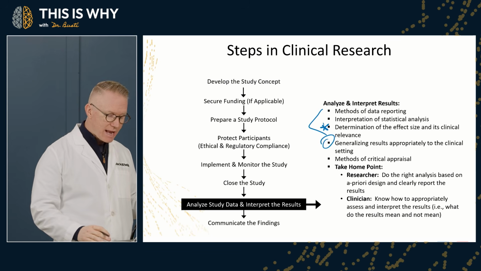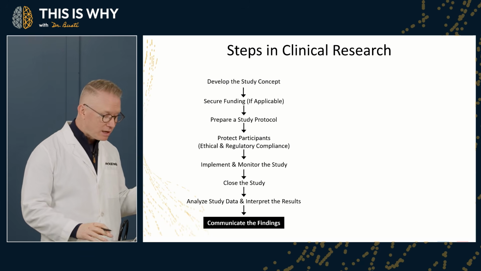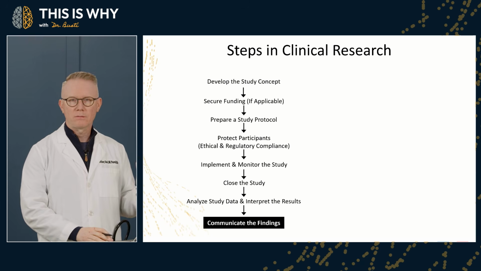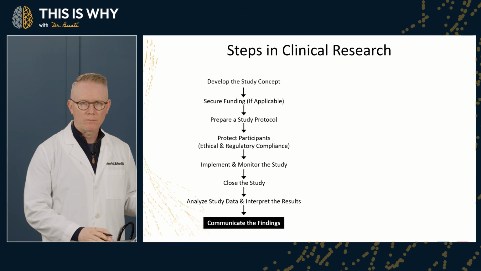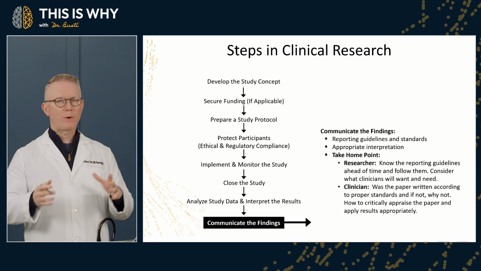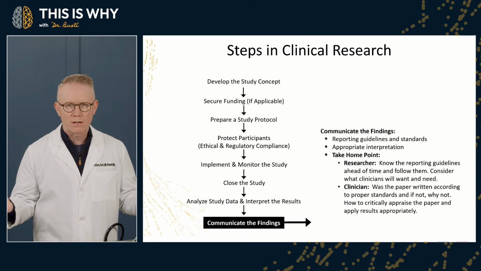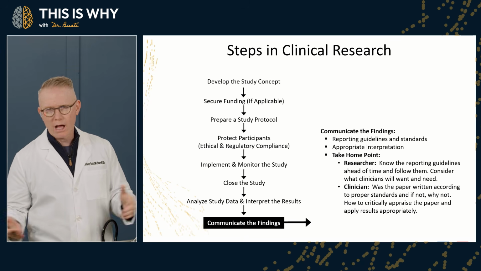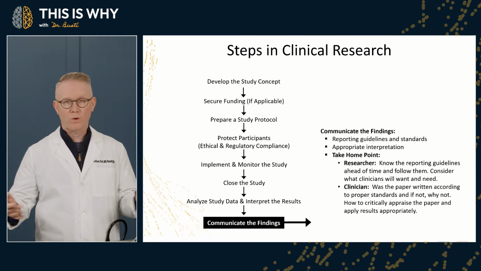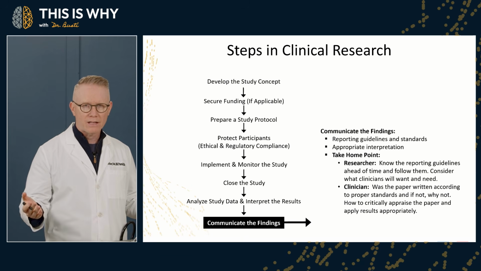So after the analysis is done, right, the findings must be clearly communicated with transparency, okay? And that's where researchers should follow established guidelines, things like the CONSORT statement for randomized controlled trials or PRISMA statements for systematic reviews and meta-analyses. There are tools out there that guide us, right?